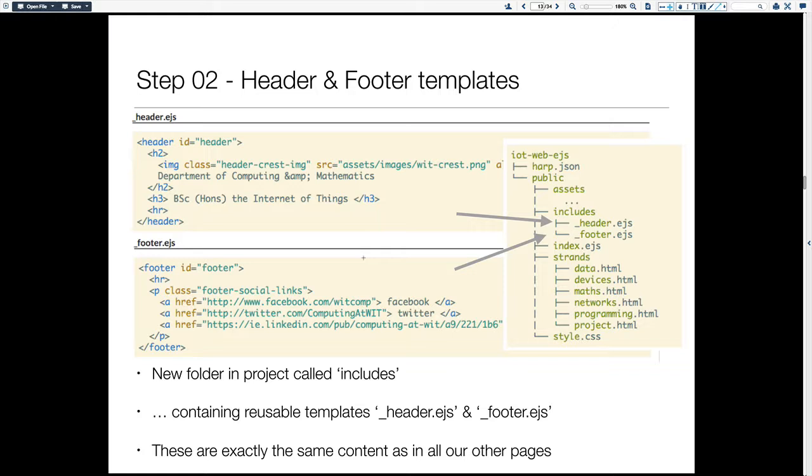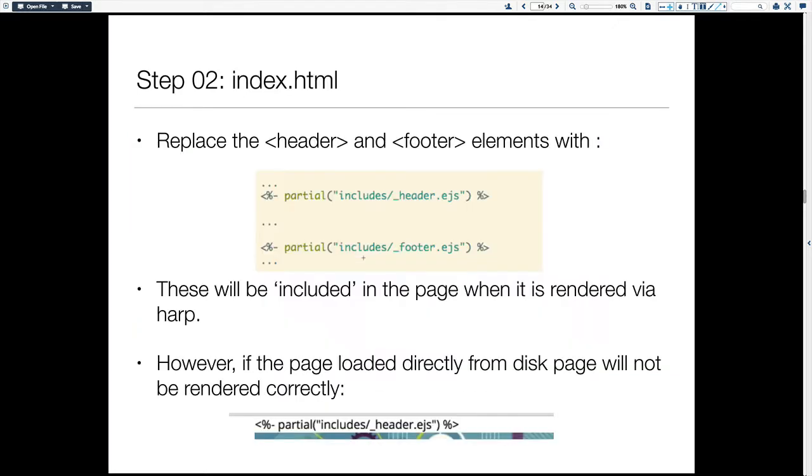Among the steps you carry out in the lab would be to create EJS files. These are our templates, and the EJS files contain just those reusable fragments that we think can be shared, header and footer, and then we can include those fragments via the partial syntax. This is the simple clause we put into our page here, and that will include that template into the page we're building at this point.